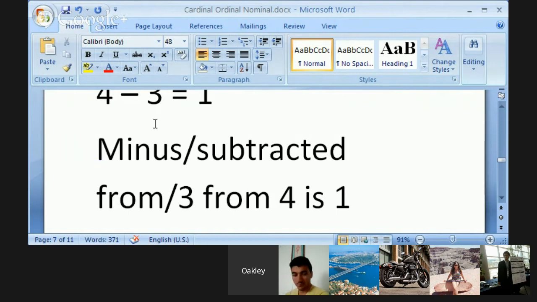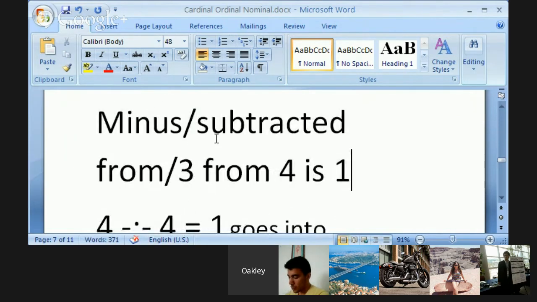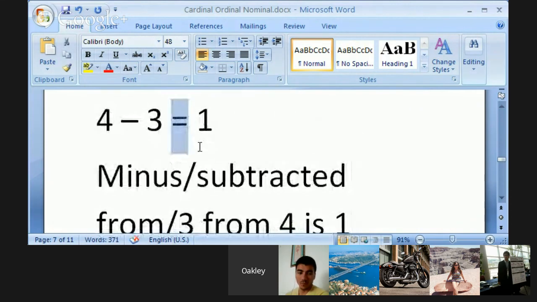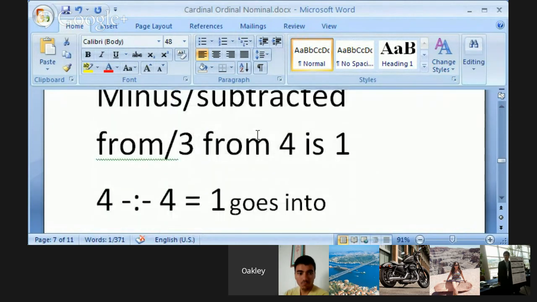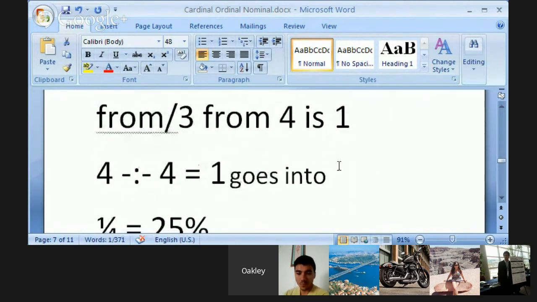Kind of backwards engineering. All right. Okay. And again, I can say equals or is. Again, I don't say 4 minus 3 are 1. Is 1. Okay. Well, there's one. I gave one up already.